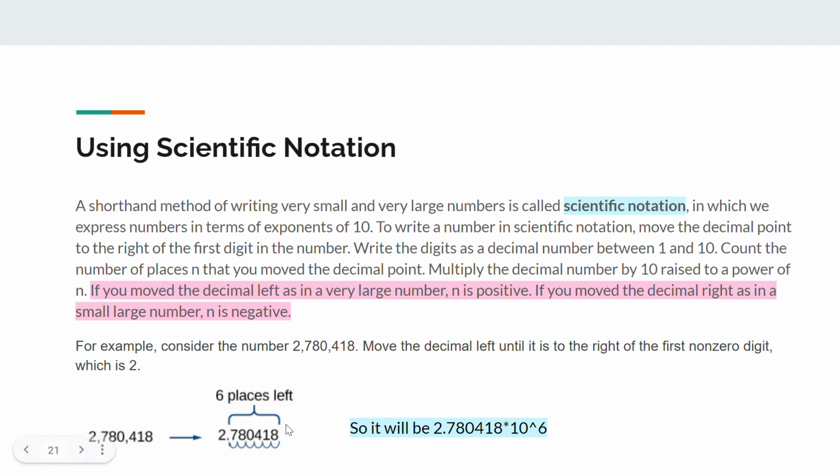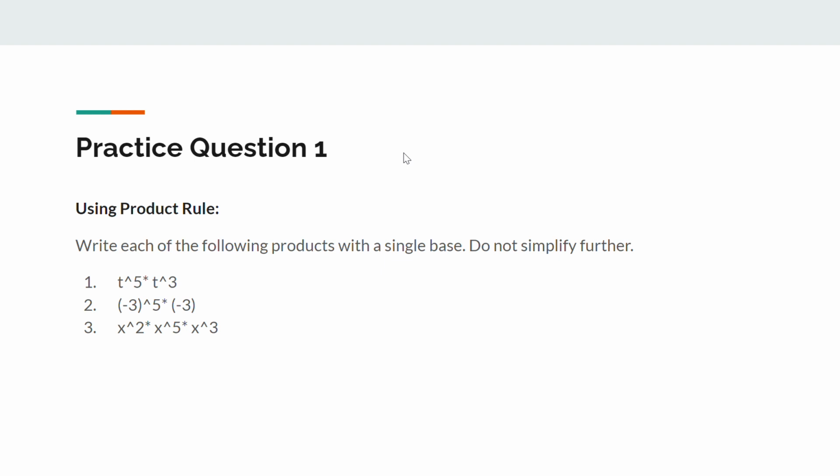We start the decimal from here, and if we move left all the way to after the 2, which is the first non-zero digit, we have to move 6 places left, so it will be 2.780418 times 10 to the power of 6.